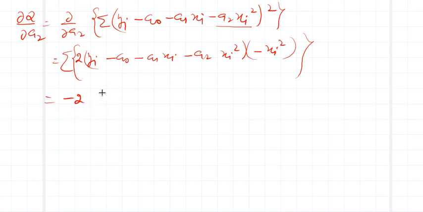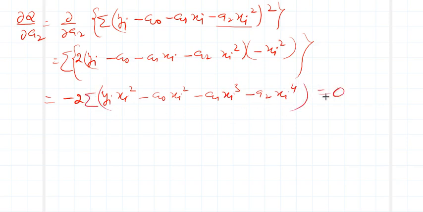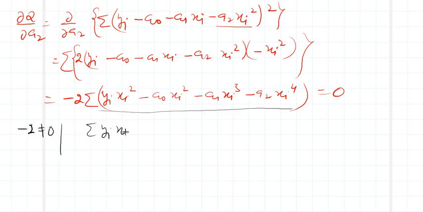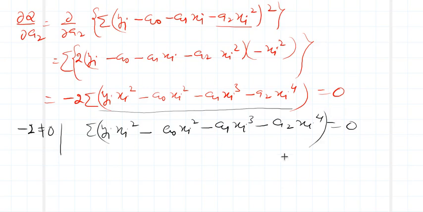Then it is yi xi square minus a naught xi square minus a1 xi cube minus a2 xi raised to power 4, and its summation is equal to 0. Since minus 2 is not equal to 0, this must be equal to 0.